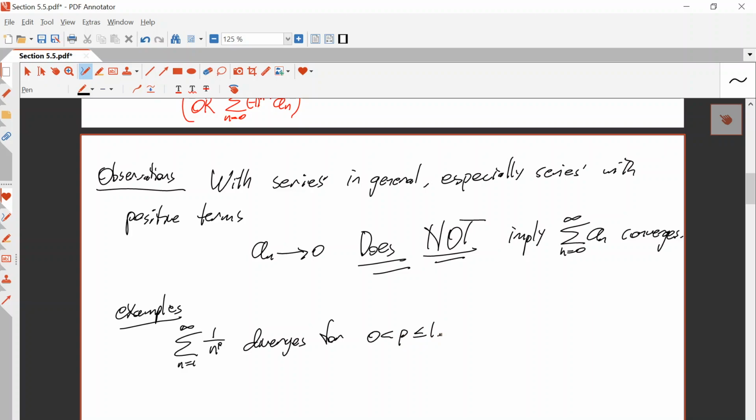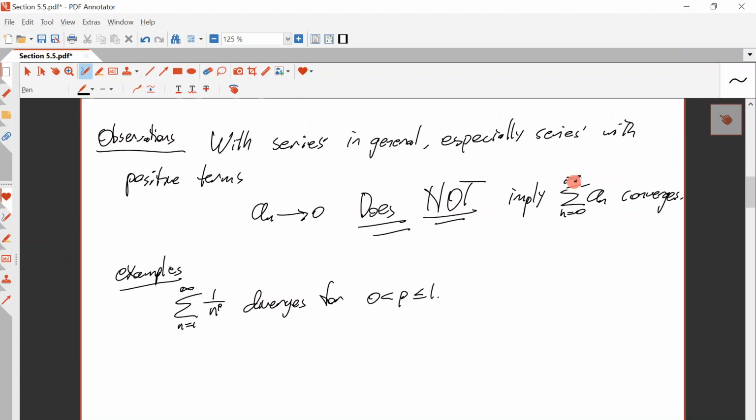Those p-series, that's the standard example. But now when you alternate it, it must converge.